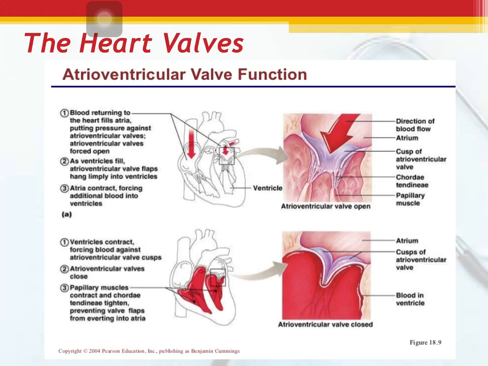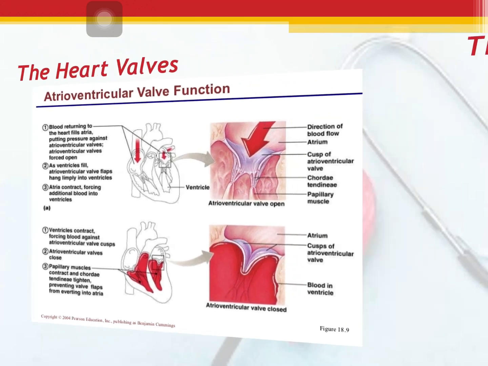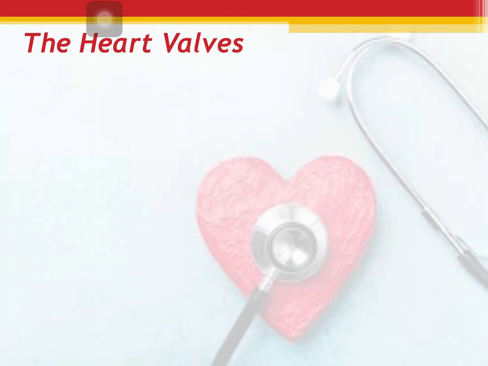When the ventricles contract, they force the blood against the atrioventricular valves, closing them forcefully. The papillary muscles contract and the chordae tendineae tighten, preventing the valve flaps from everting into the atria. Thus, the function of the atrioventricular valve is to prevent the backflow of blood from the ventricles to the atria.